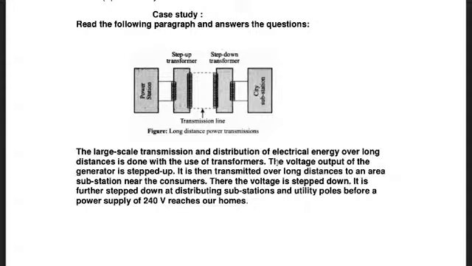The voltage output of the generator is stepped up, then it is transmitted over long distances to an area substation near the consumers. There the voltage is stepped down. It is further stepped down at the distribution substations and the utility poles before a power supply of 240 V reaches our homes.